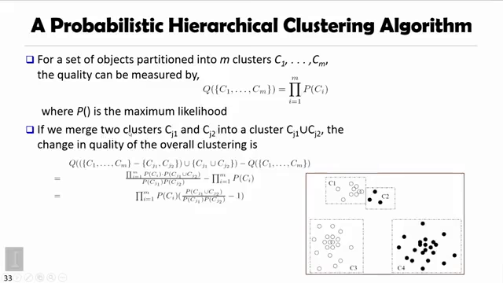If we want to merge two clusters, C sub j1 and C sub j2, then the change in quality of the overall clustering is given by this criterion. You can see this is the merged cluster. You generate a new cluster, and these original two clusters disappear from the original set of clusters. So that's the new clustering.